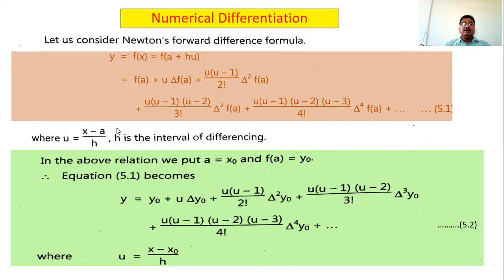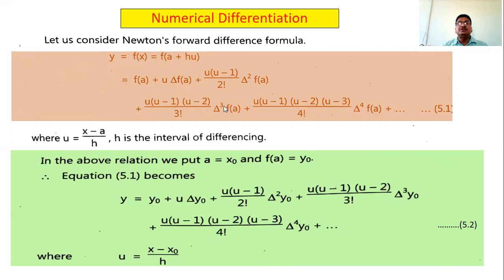And a is the first point. If you substitute h from this, then the value of x is a plus uh. So this is Newton's forward difference formula. We already learned its proof in the chapter on interpolation.